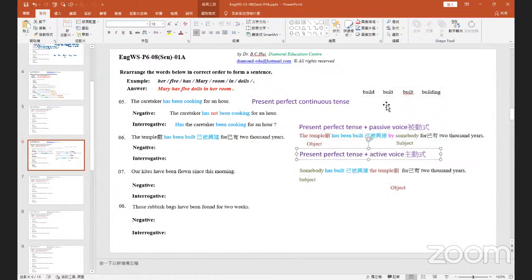For all perfect tenses, the third column, which is the past participle, will be used. We use the past participle, built.